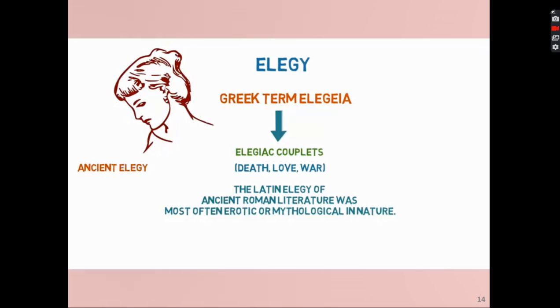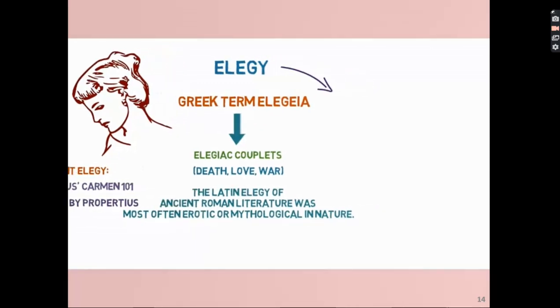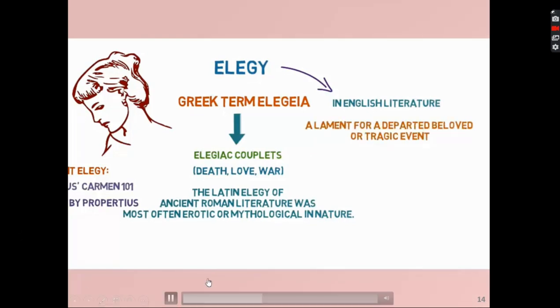Other than epitaphs, examples of ancient elegy as a poem of mourning include Catullus's Carmen 101 on his dead brother, and elegies by Propertius on his dead mistress Cynthia and a matriarch of the prominent Cornelian family. Ovid wrote elegies bemoaning his exile, which he likened to a death. In English literature, the more modern and restricted meaning of a lament for a departed beloved, a tragic event, has been current only since the 16th century.